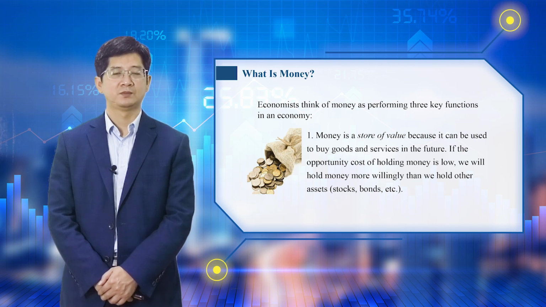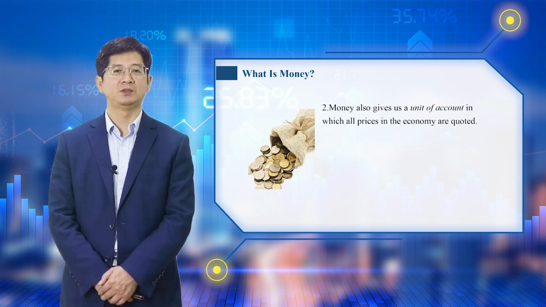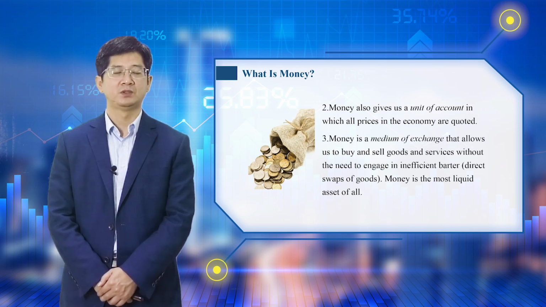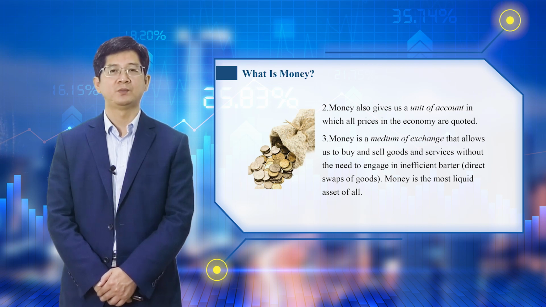Money also gives us a unit of account in which all prices in the economy are quoted. Money is a medium of exchange that allows us to buy and sell goods and services without the need to engage in inefficient barter, the direct swap of goods. Money is the most liquid asset of all.